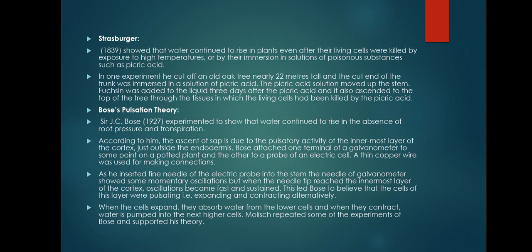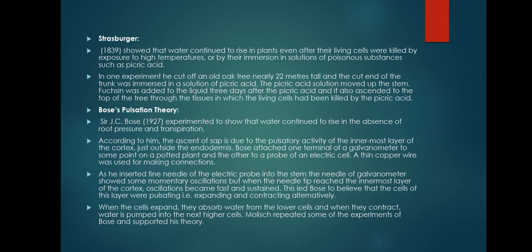The picric acid solution moved up the stem. He added a liquid 3 days after picric acid, and it also ascended to the top of the tree through the tissues in which living cells had been killed by the picric acid.